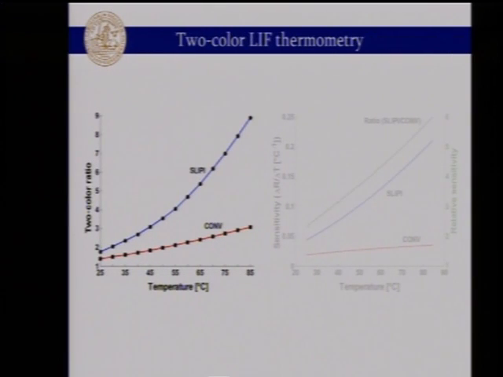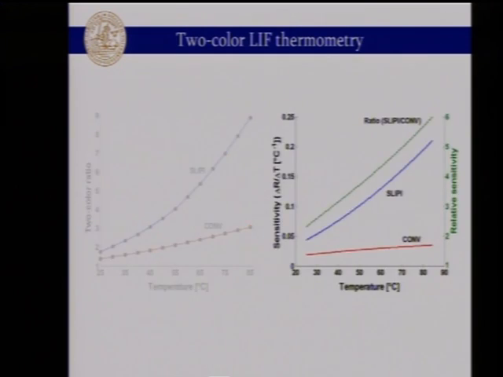Those are the responses of the two color ratio as a function of the temperature, with the difference between SLIPI and conventional, and we can see the response of SLIPI being higher. This means that the sensitivity is better, and it's actually increasing with temperature, which is something we need to understand a little bit more why.